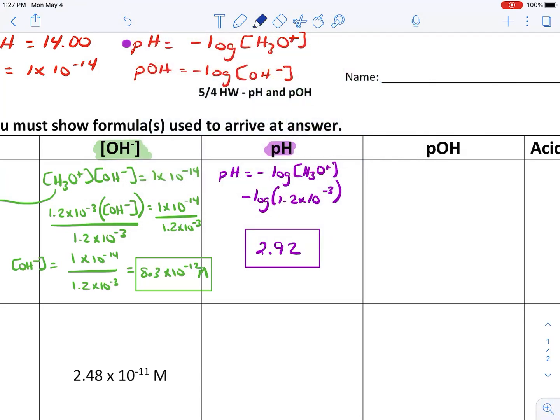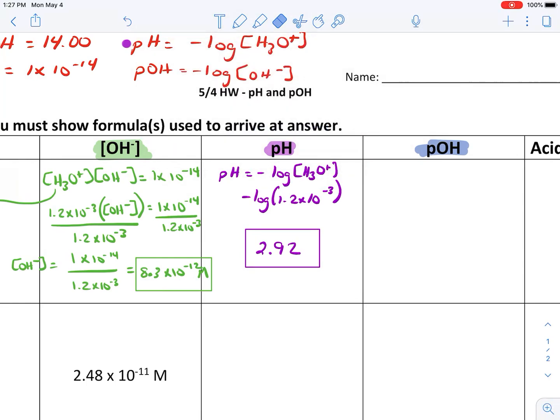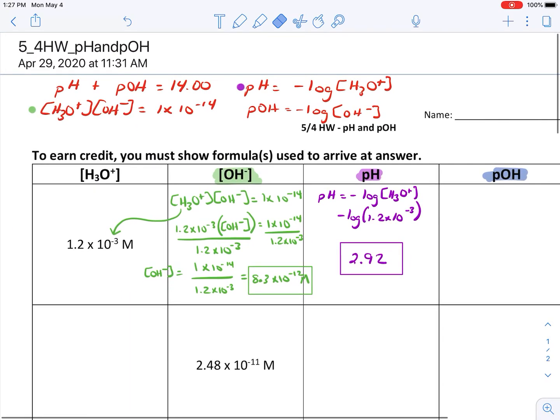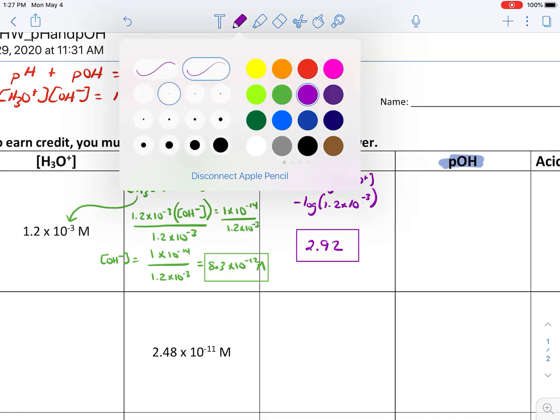Now looking at the last one, we're finding pOH. Let's go with a navy blue. What can we use to get there? We have a couple of different choices. We could find the negative log of our hydronium ion concentration, but probably the easiest one, and the one all of us are going to want to go for, is this very first one: pH plus pOH equals 14.